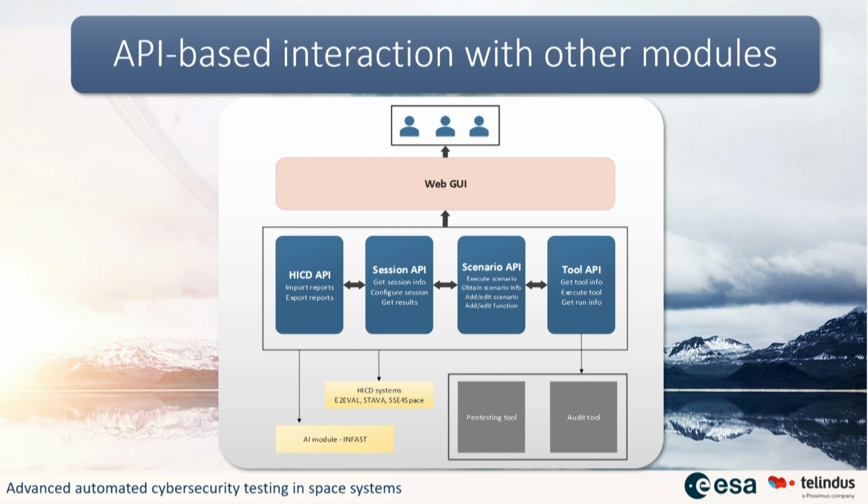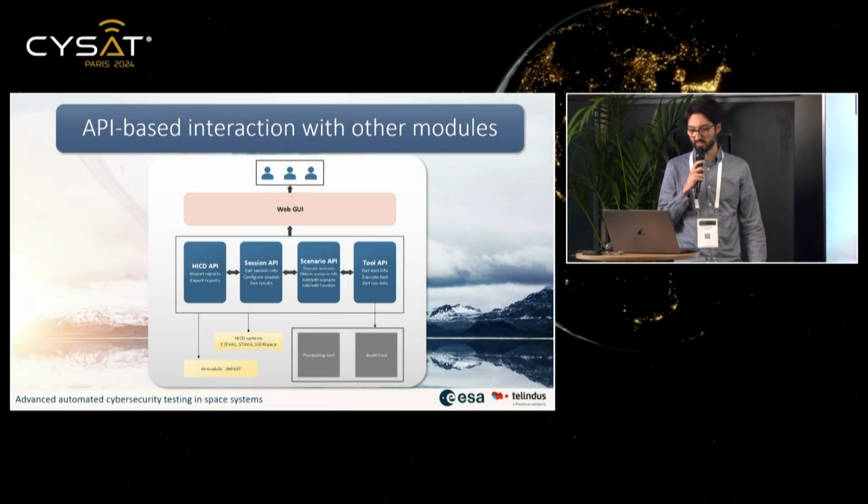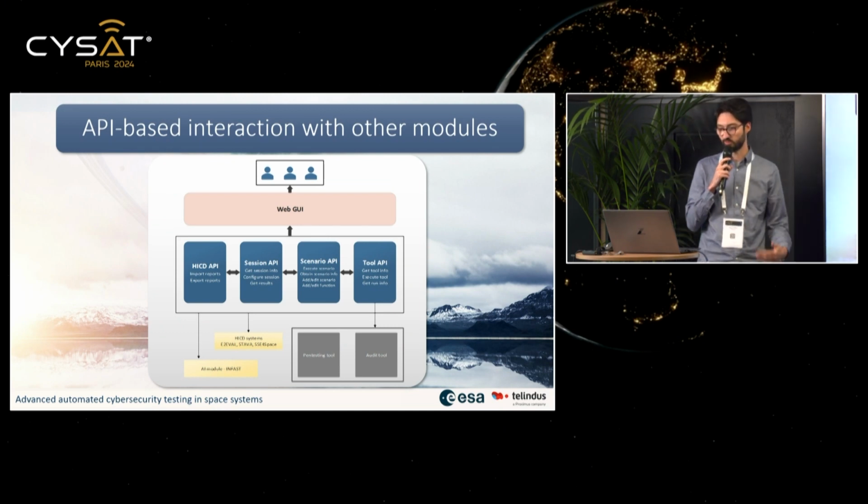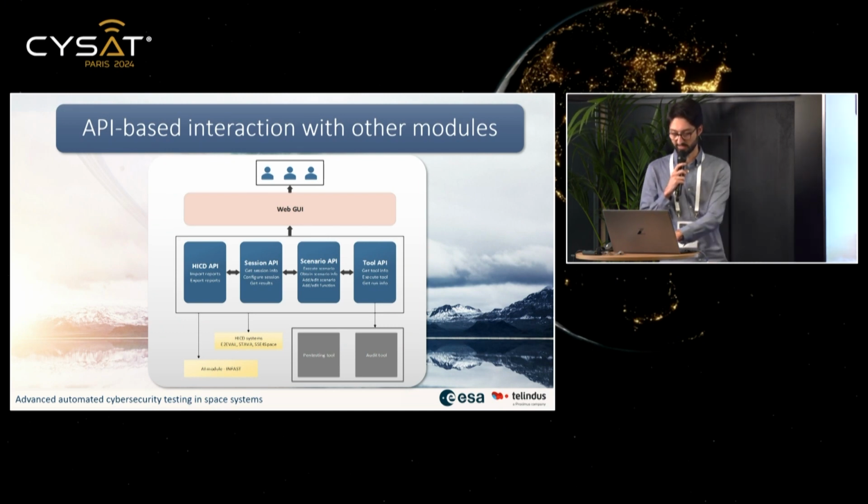That would be for high-level features. If you don't want to use all the scenario chaining and features, you can also just use the API to say, I want to launch just this tool, please give me the raw output. So like this, we open the possibility to interact with AACT.